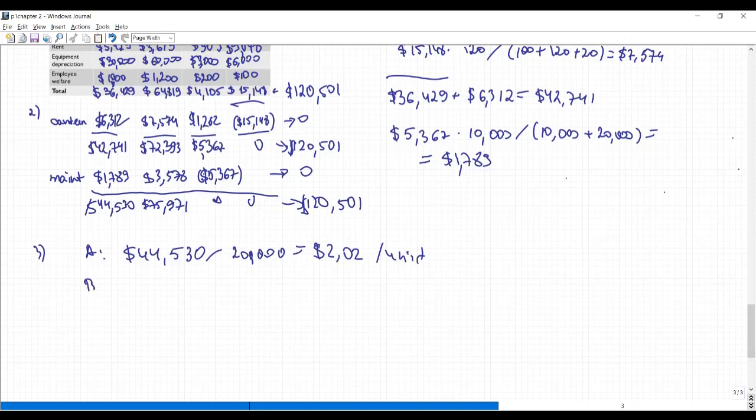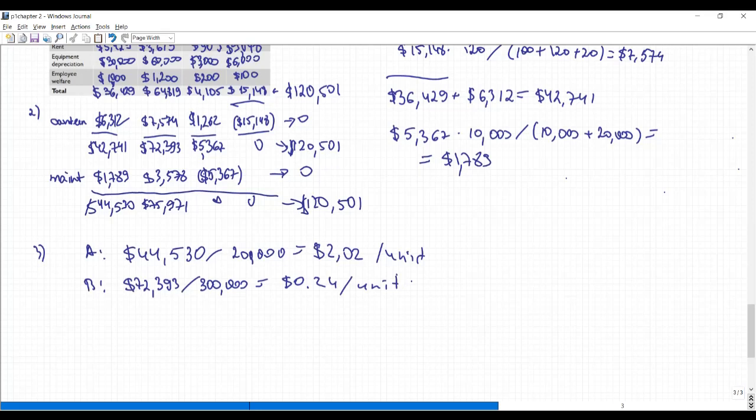And for department B, the total overheads are 72,393, and we produce 300,000 units. So the overhead per unit for this department is going to be 0.24. Well, maybe I produce some product that requires little overhead and more direct costs.